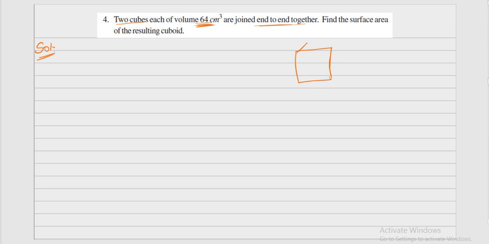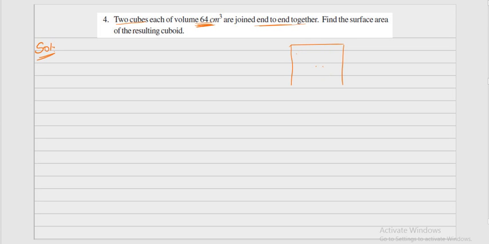So this is a cube, right? To this cube, we have joined another. Let's draw once again.